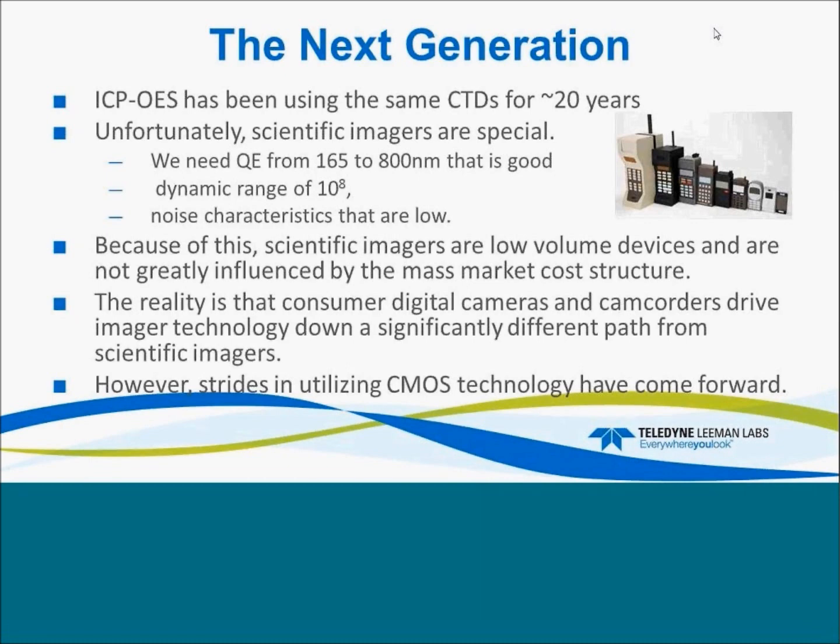But recently, over the past few years, there's been advances in CMOS technology that have made it a very, very viable choice to use as a detector. One of the big advances has been the reduction in noise.